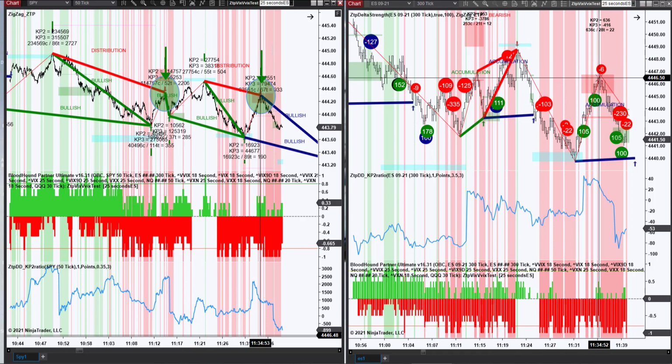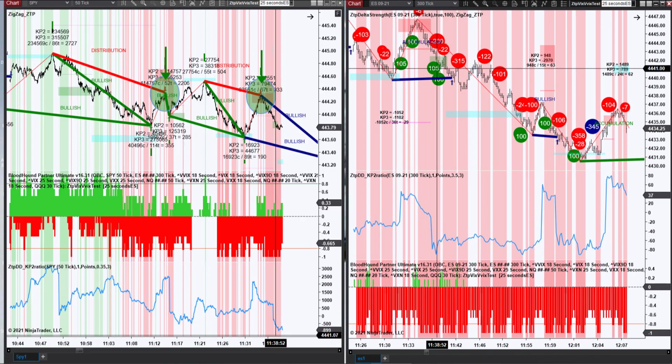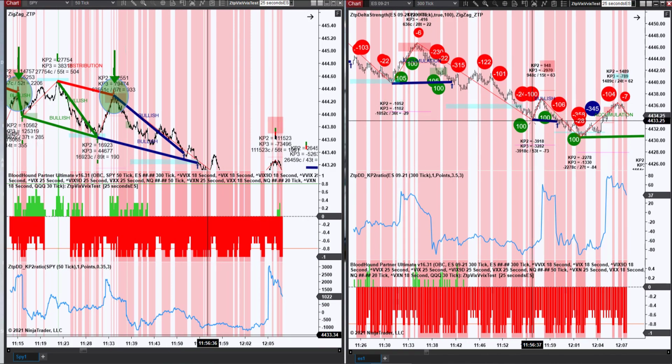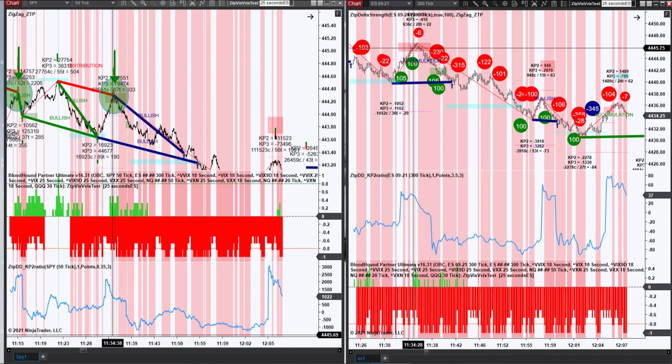We then follow that up with a regular trend trade where we had distribution divergence on the SPY. That was a fairly good trade for a little over 13 points. And that did also have the VXX divergence with it.